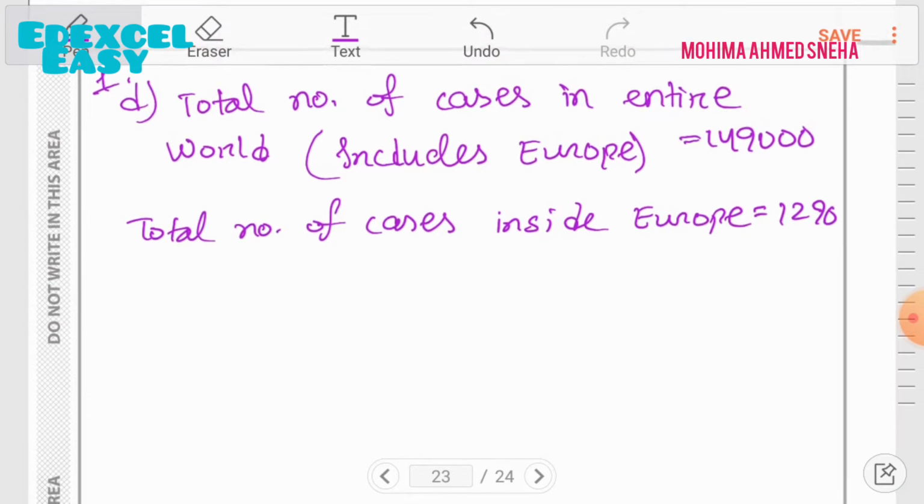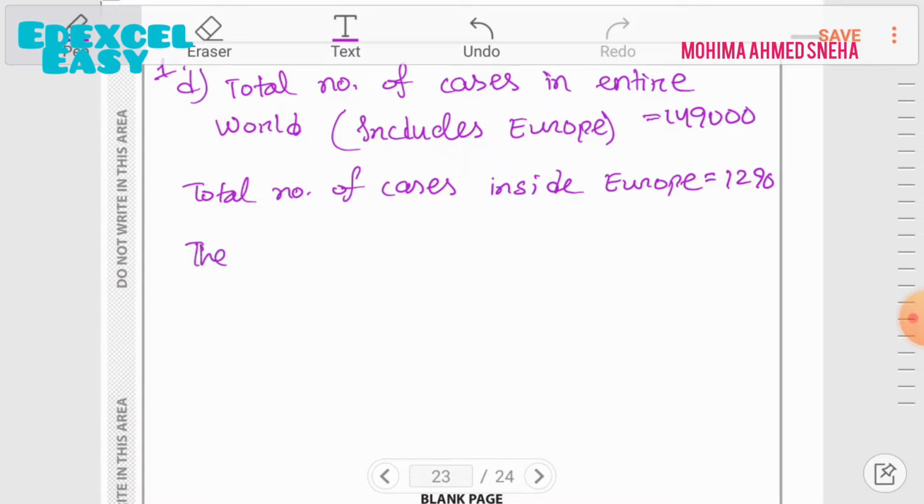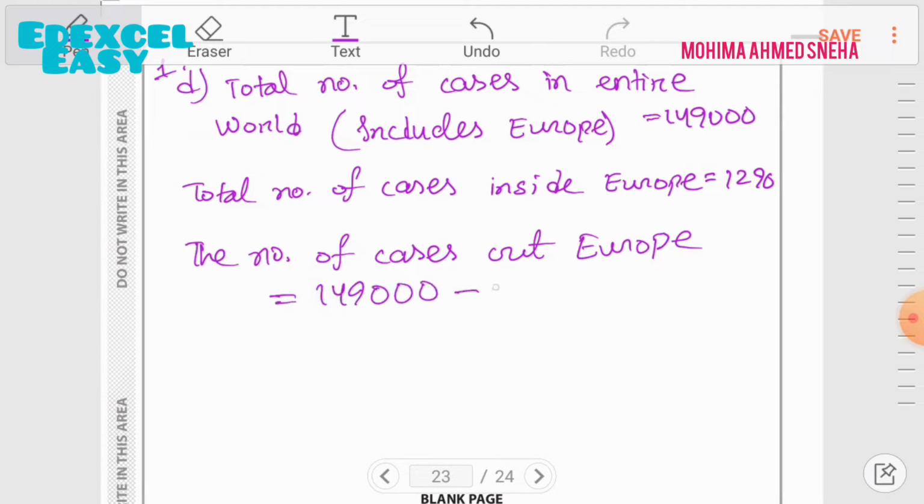So we can now know the number of cases outside Europe would be 149,000 minus 1290, and the answer is 147710. These are the total cases outside Europe.